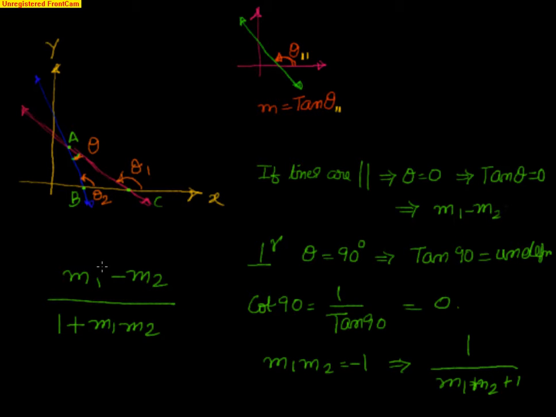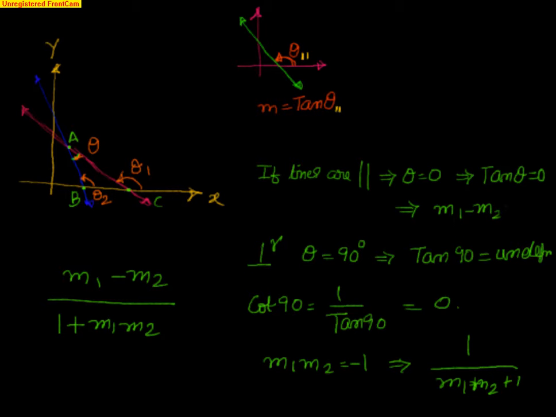It becomes m1 m2 plus 1 by m1 minus m2. That should be 0. That means my condition m1 m2 equals minus 1. So from that I derive m1 m2 plus 1. So this should be the formula. We don't know what exactly is the formula, but we know one thing. Whatever formula we derive, that should satisfy both theta equal to 0 and theta equal to 90. So by that we are able to find that.